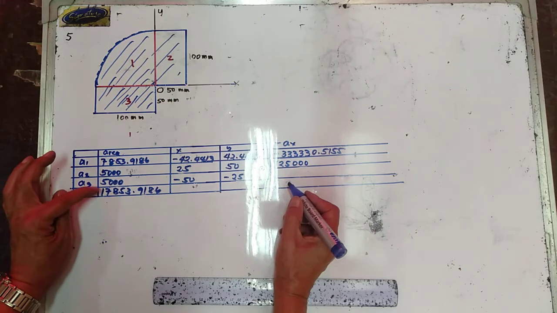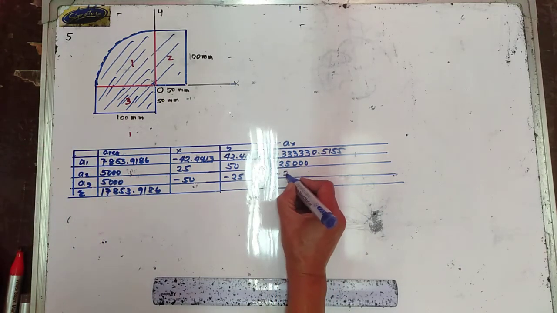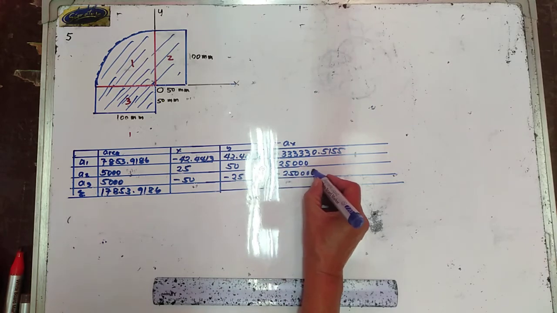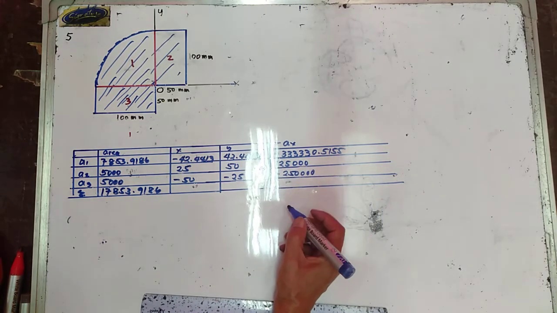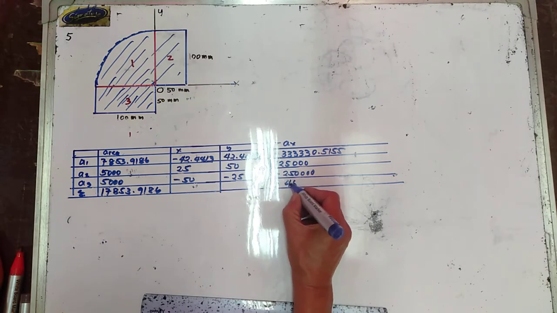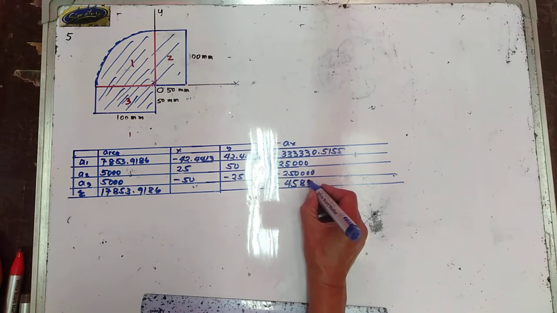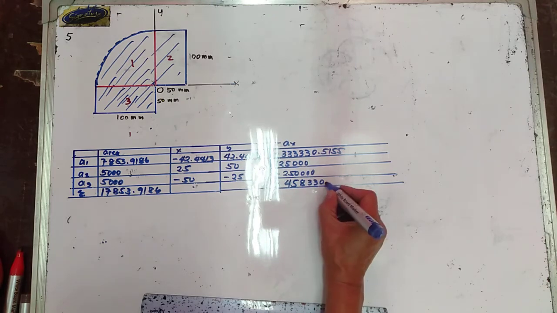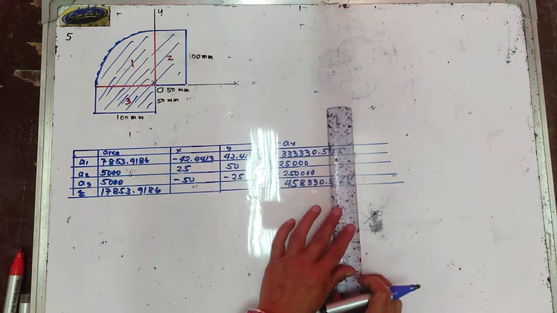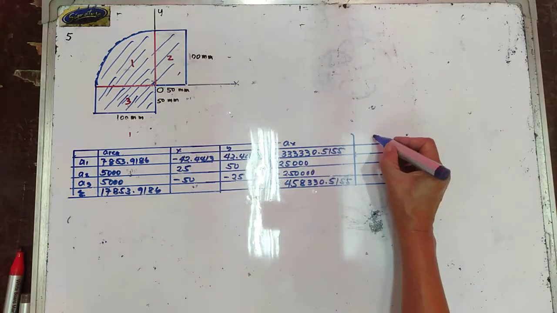And then 5,000 by minus 50, so we have negative 250,000. So we now have the summation is negative 458,330.5155.